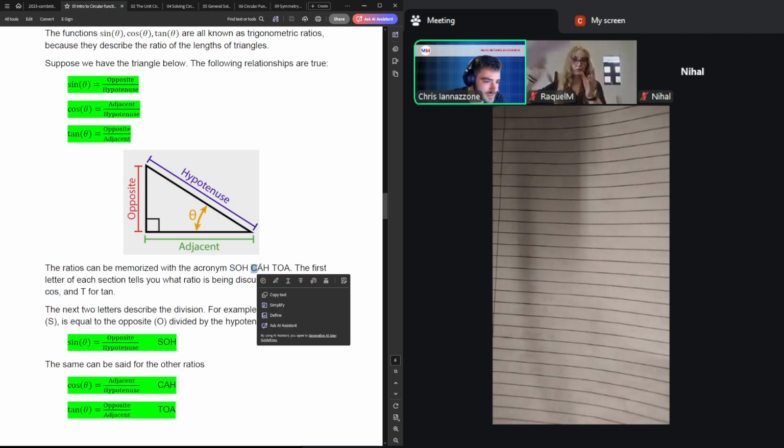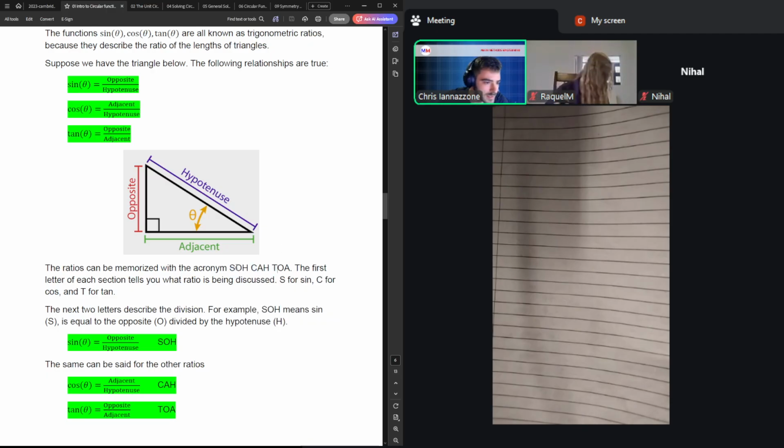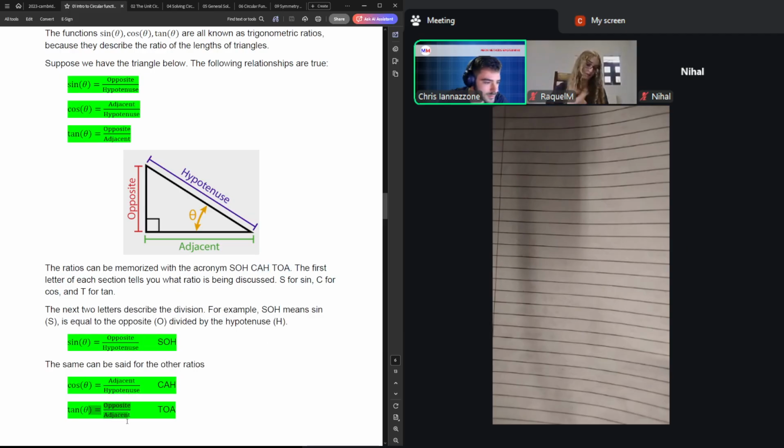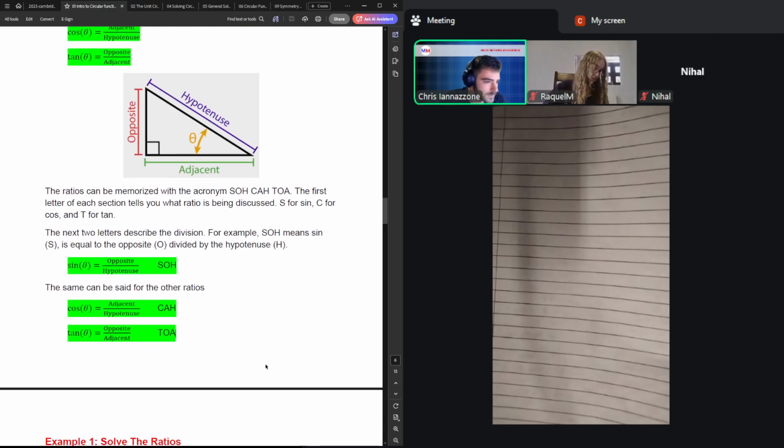So S for sine, C for cos, T for tan. And then the other 2 is the order in which you do the division. So OH means opposite over hypotenuse, and sure enough, there it is. AH means adjacent over hypotenuse. OA, opposite over adjacent. This won't be on a formula sheet, so this is something you'll have to memorize.